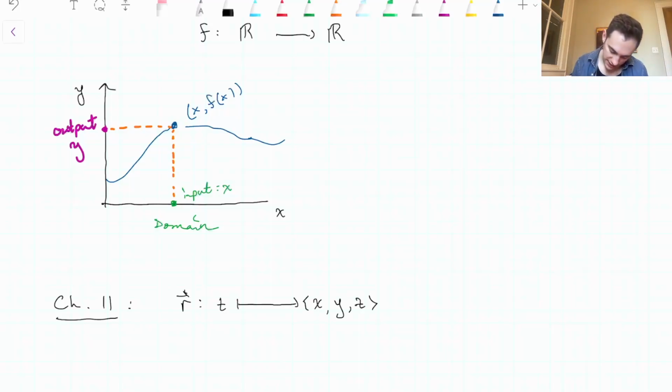Or rather, we would say that this vector valued function r that we were studying would take in one real number, and it would spit out 2 or up to 3 real numbers. So we would say it maps R to R3.